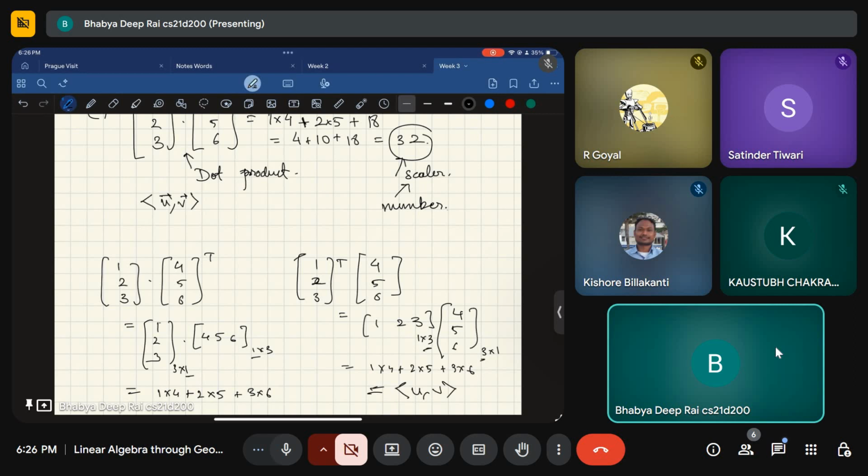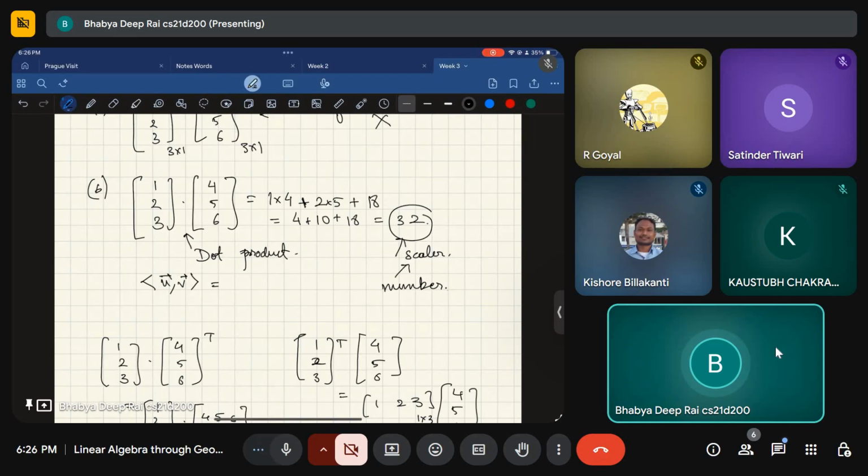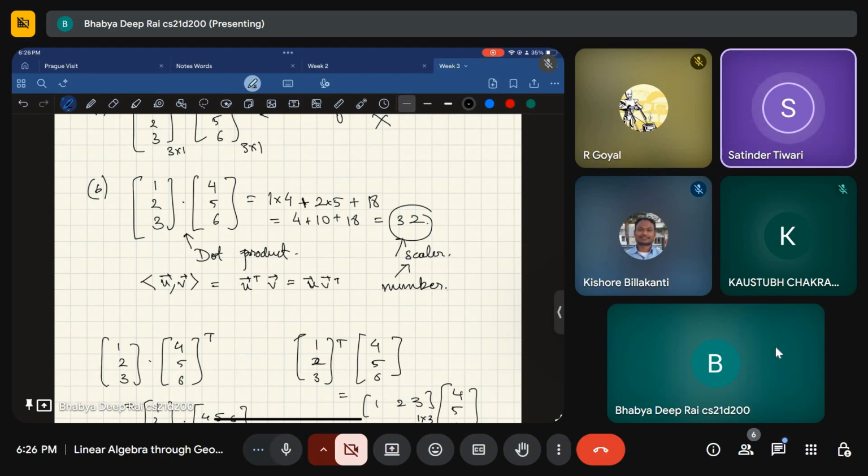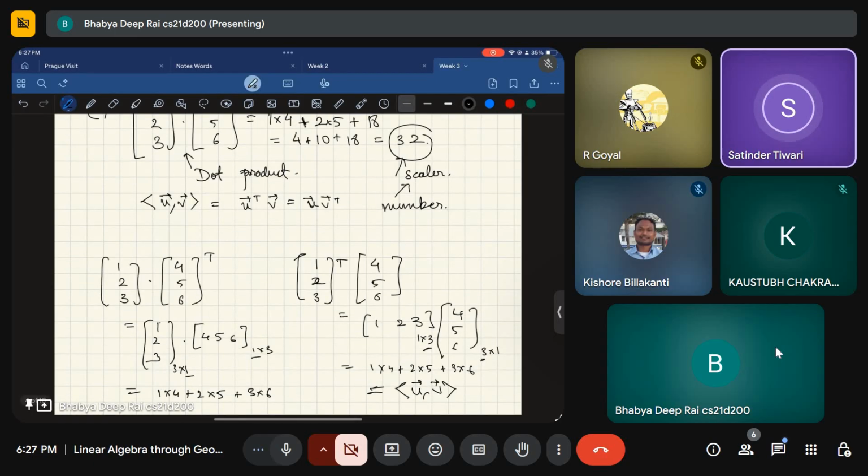So only the first one. My bad, the second one, I think it is wrong. It will be a 3 cross 3 matrix, multiplying a 3 cross 1 by a 1 cross 3.